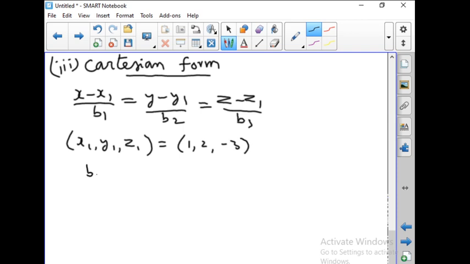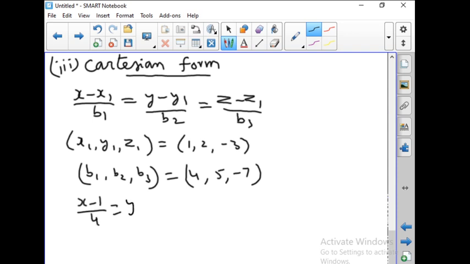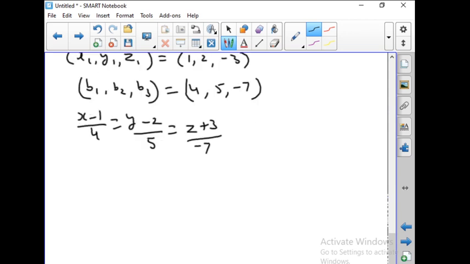And what is b1, b2, b3? It is 4, 5, minus 7. So what is the Cartesian form? (x minus 1) by 4 is equal to (y minus 2) by 5 is equal to (z plus 3) by minus 7.